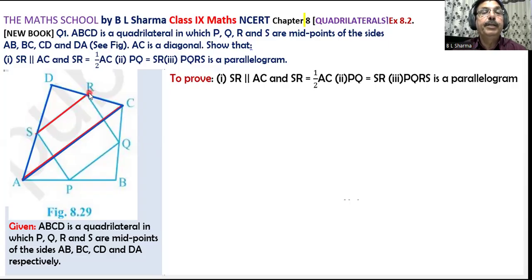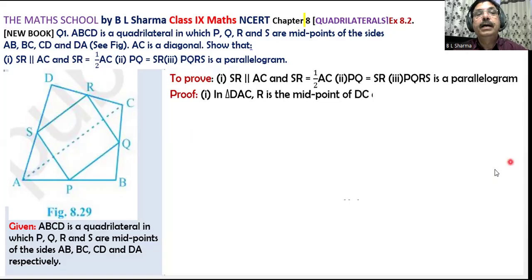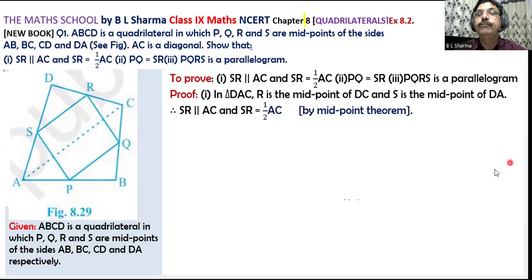That is why by midpoint theorem, this SR will be parallel to AC, the third side, and this SR will be half of AC by midpoint theorem only. So in triangle DAC, R is midpoint of DC and S is midpoint of DA. That is why SR is parallel to AC and SR is half of AC by midpoint theorem, and the first part is proved. You only have to write this, and your first part is proved.